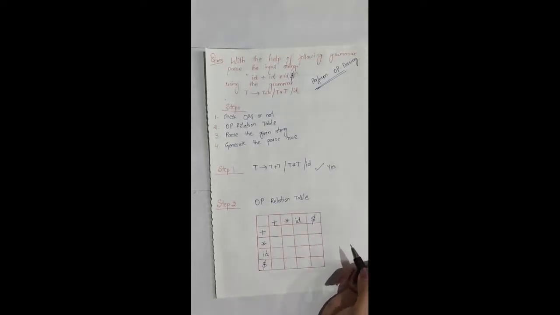Now, as I told you in the last video, what is the precedence rule? The precedence rule states that identifiers like this, these are of highest priority, and dollar is of least priority. Fine.